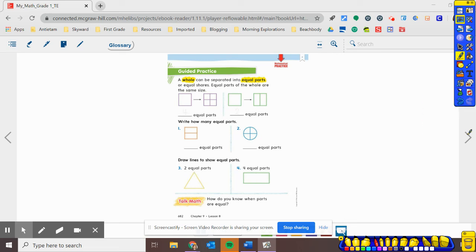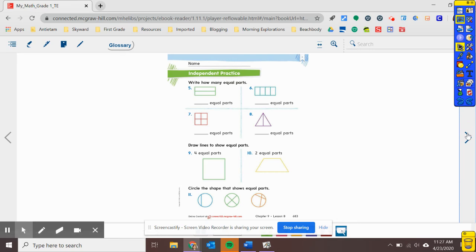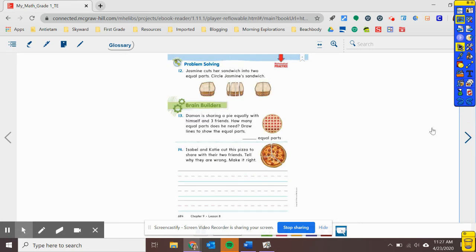All right, we're going to clear our page. We're going to turn to the problem solving side. So go ahead and turn there with me. Now up here with number 12, it says Jasmine cuts her sandwich into two equal parts. Circle Jasmine's sandwich. Okay, so listen again. She cuts her sandwich into two equal parts.